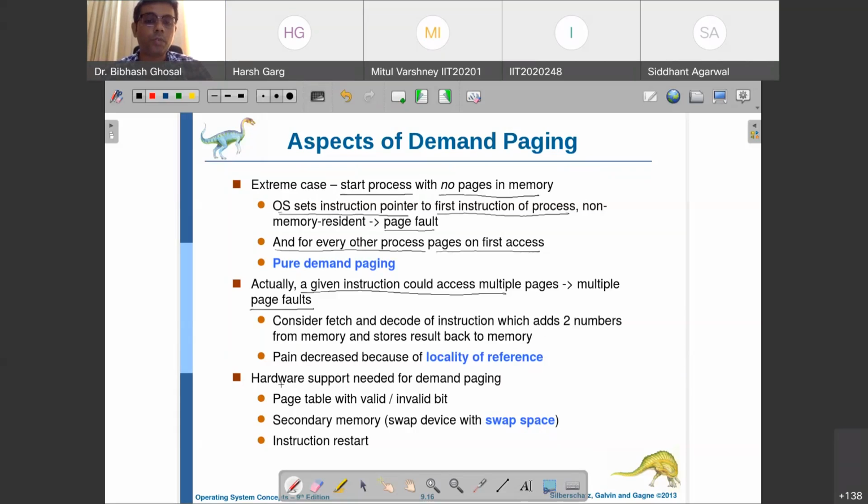So what we actually need is some hardware support to handle demand paging. We need a page table with the valid-invalid bit. We need secondary memory, a swap device with swap space that will hold those pages, and the instruction restart.